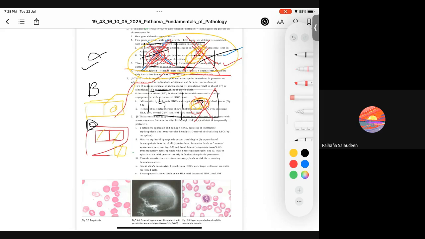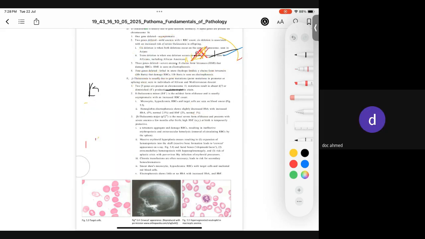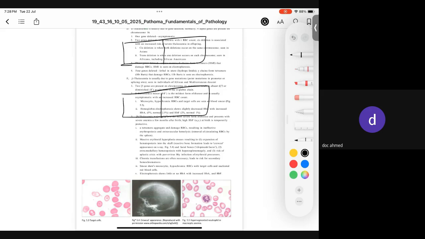Please, can you explain it? I'm not getting it. No problem. Let me just do it. We have four genes: one, two, three, four. If one is deleted, no problem, minor. If the second is deleted, no problem for an individual.